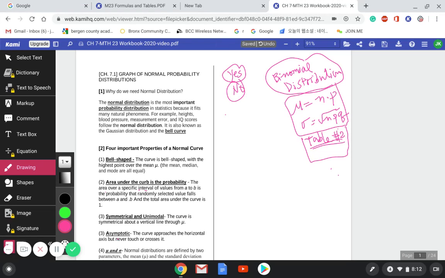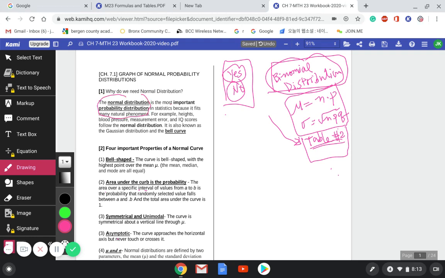So long time ago, far, far away, the math people, the professors and the people who study math, they studied more about whether we can use the normal distribution, not just the binomial distribution, and still use some kind of table that works for every case. So that's the normal distribution.